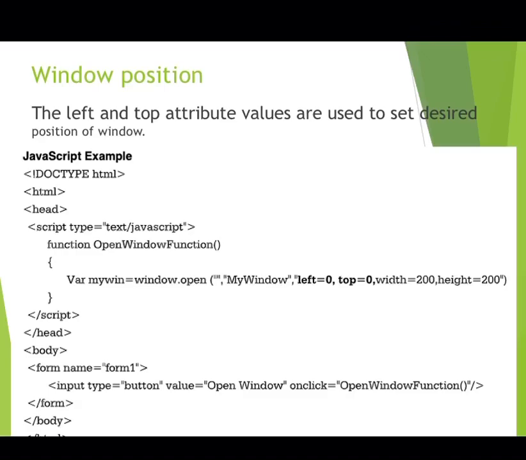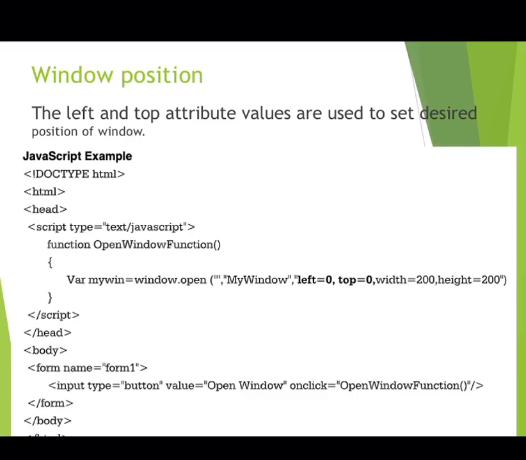Now here we are going to specify the left and top attributes. Since we have specified left is equal to 0 and top is equal to 0, meaning x pixel and y pixel are 0, 0, your window is going to start from the first position, that is 0, 0. That is, the x axis value is 0 and the y axis value is also 0.